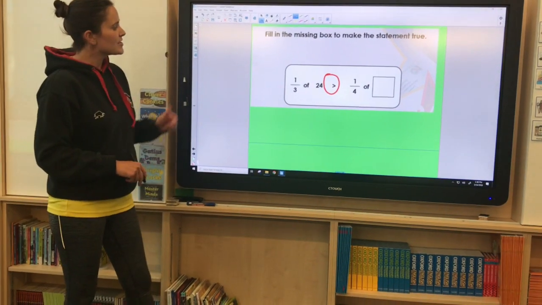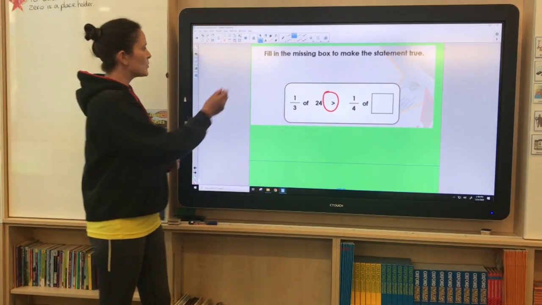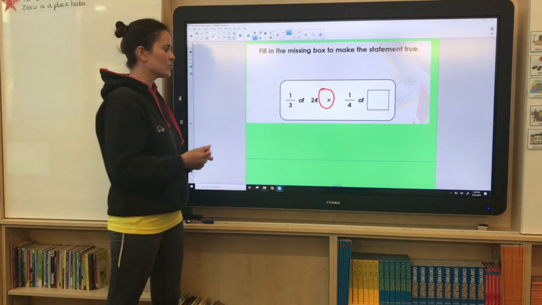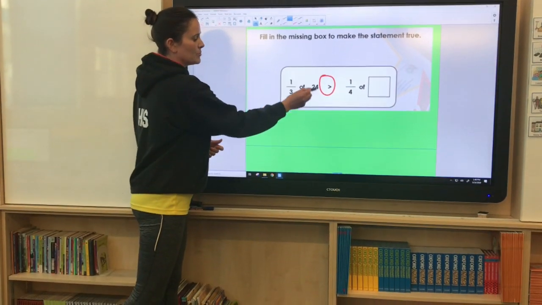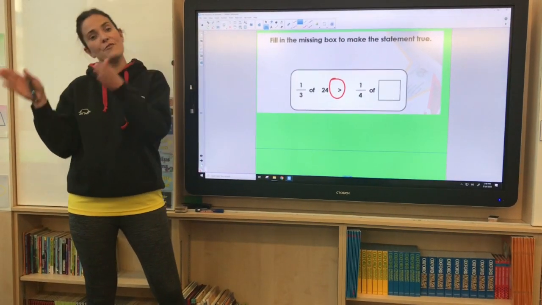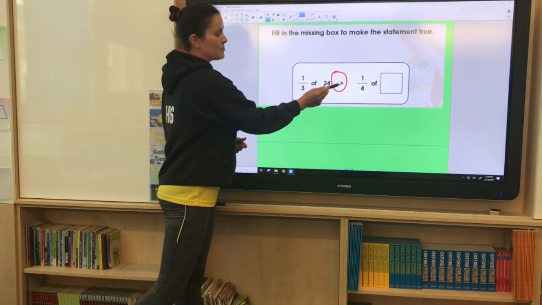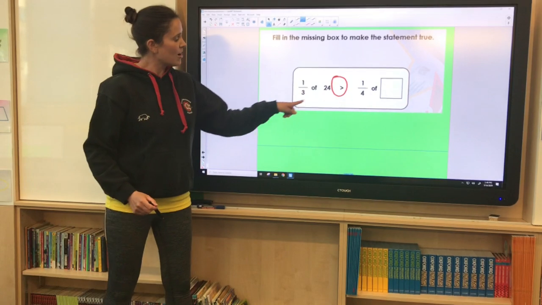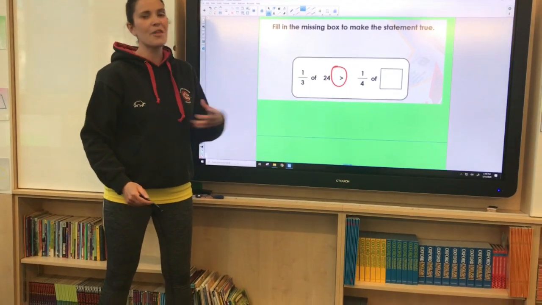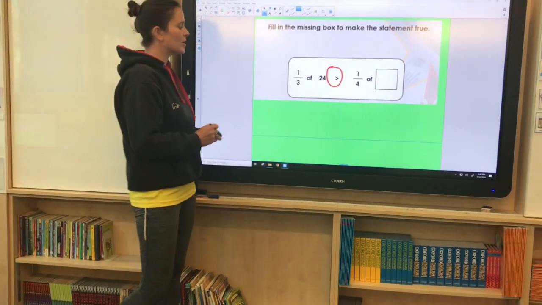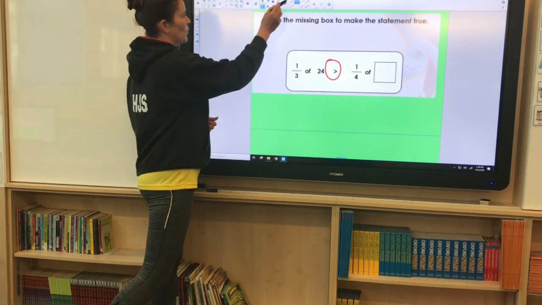So, to solve this sort of question, the first thing we need to do is to work out the value of the complete half of the statement. So this statement here, this symbol is in the middle. This half of the statement is complete. There's nothing missing. So we can calculate 1/3 of 24.